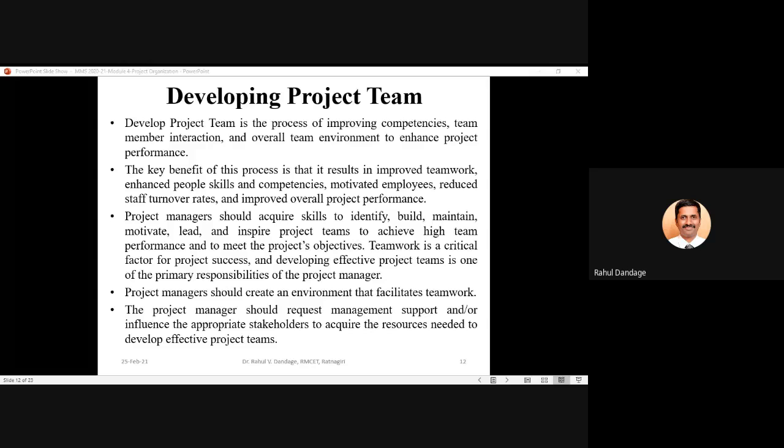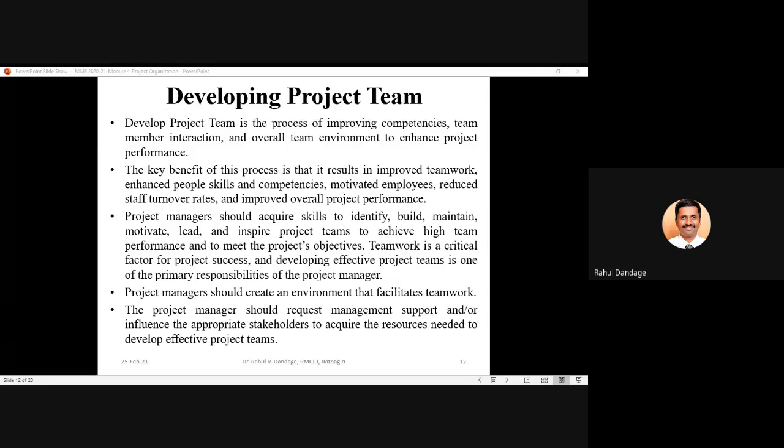Teamwork is a very critical factor for any project success, and developing effective project teams is one of the primary responsibility of project manager. So you can understand that team, the project team is an essential component of any project, and teamwork is another critical success factor for any project.